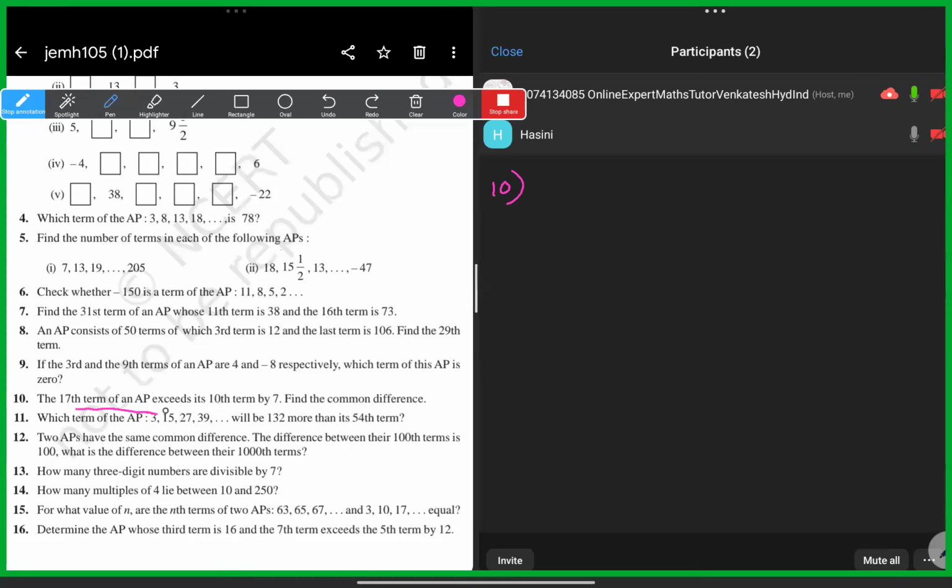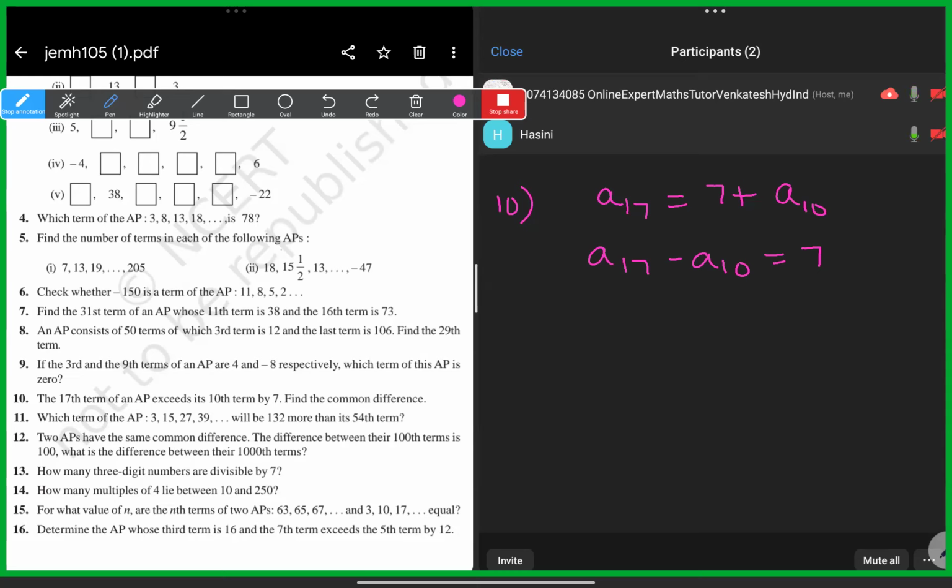So here, the 17th term exceeds its 10th term by 7. Means what? 17th term is equal to 7 plus 10th term. Or if A10 comes to the left side, A17 minus A10 is equal to 7. Whichever is comfortable for you, that way you can understand. One more example, Hasni: 100 exceeds 80 by how much?